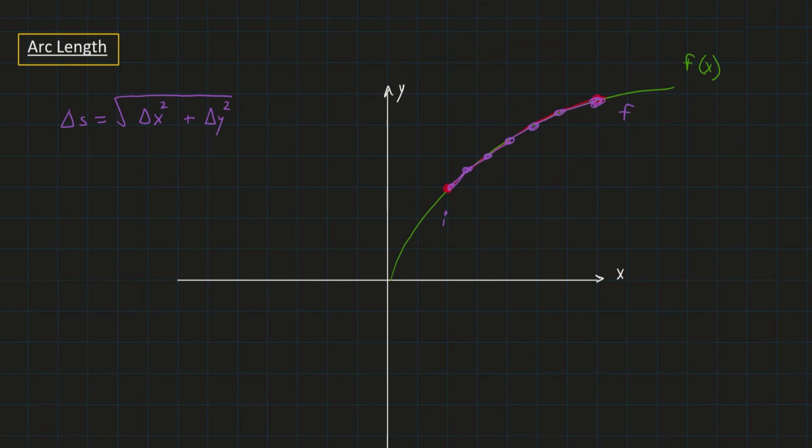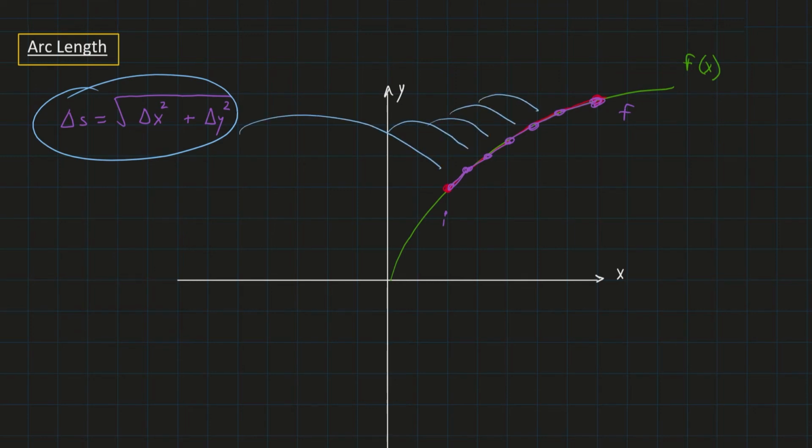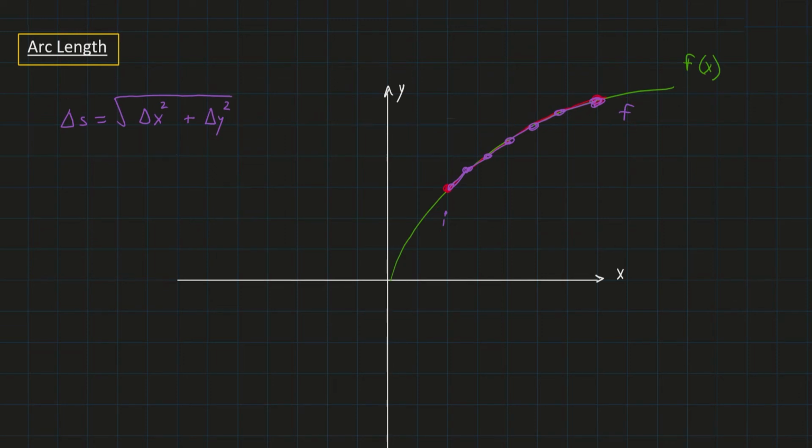What we can do is break up that arc of the curve into several little distances and use the distance formula to calculate the length of each one, and then simply add up all these little lengths. And you can see that we get even more accurate in estimating the length of the curve from here to here.